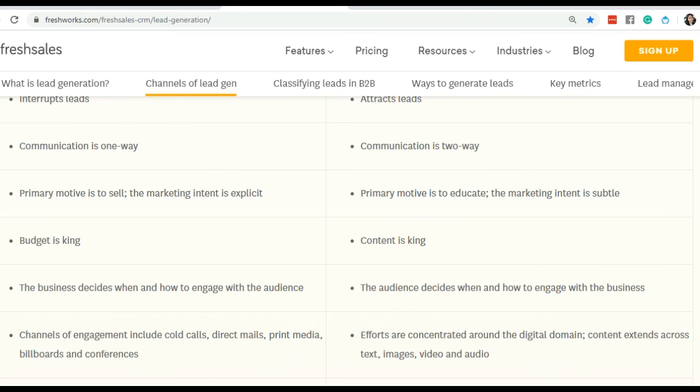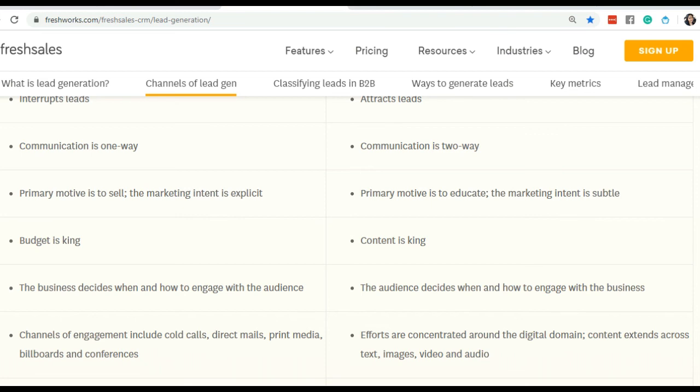Kapag nag-subscribe ako sa newsletter nila or when I put my information in there, that's when I decide that I will engage with that business. Whereas for outbound, yung business yung nagde-decide when and how to engage with the audience. Then the channels of engagement include cold calls, direct emails, print media, billboards, and conferences. That is for outbound lead generation.